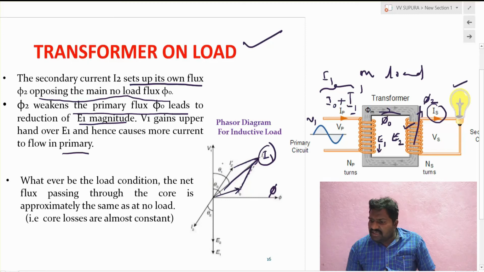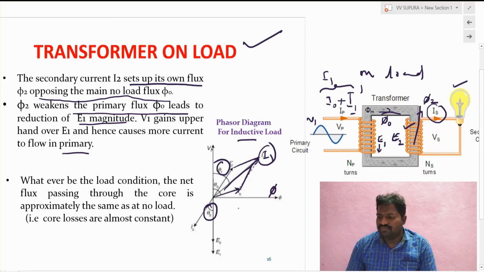You can say it is a lagging, inductive load, that's why V1 and I1 are lagging with the power factor angle phi 1. In a similar way, I2 and E2 are lagging with an angle theta 2. So it is very easy to understand.